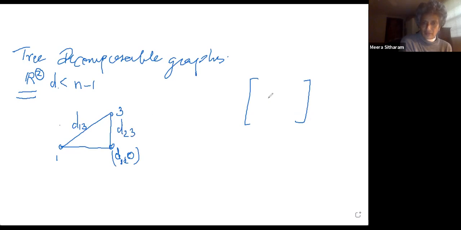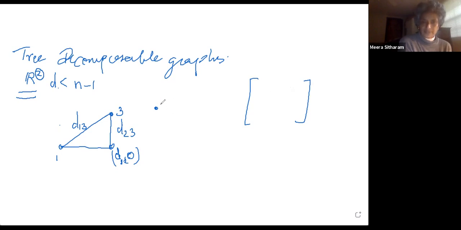So far, yes. And when we place the next point, remember that at this point we are not trying to verify whether a complete matrix is a Euclidean matrix. We are just trying to find a realization. And the question is how many of these entries we actually need to find a realization.